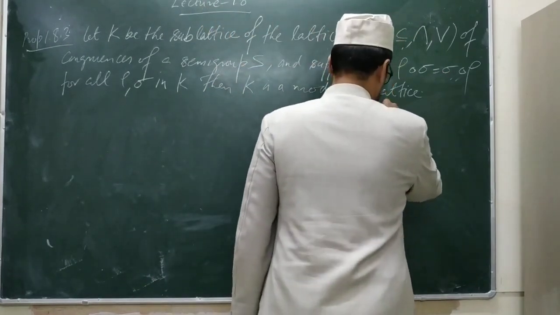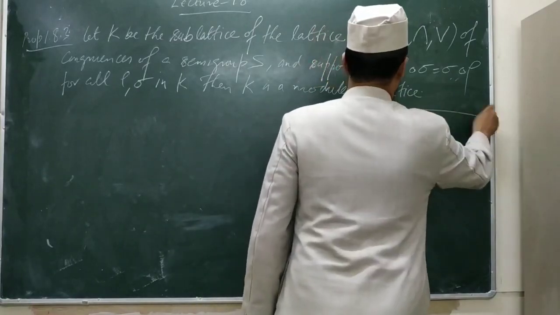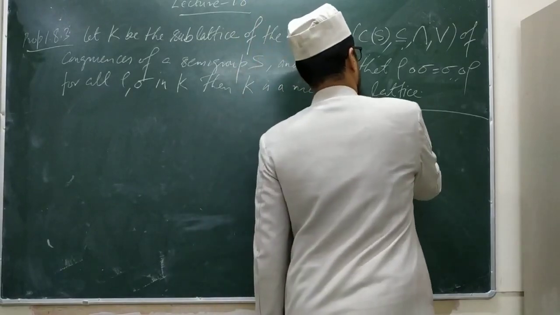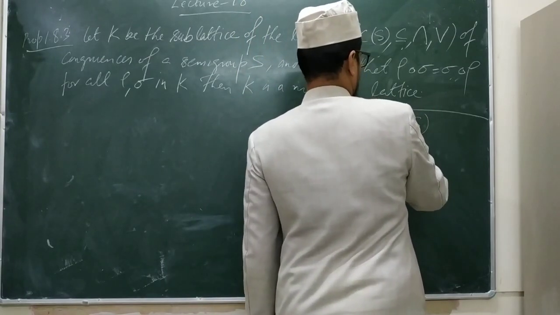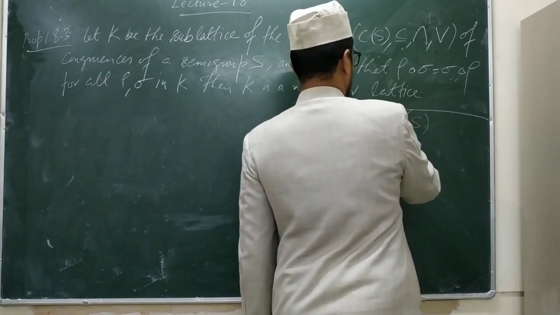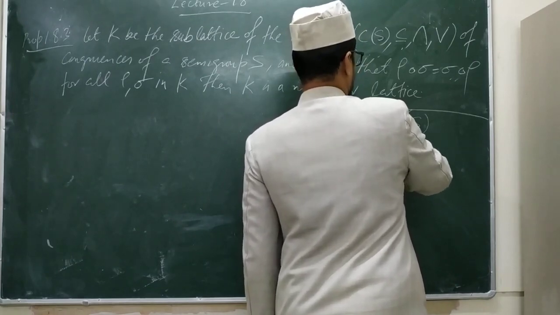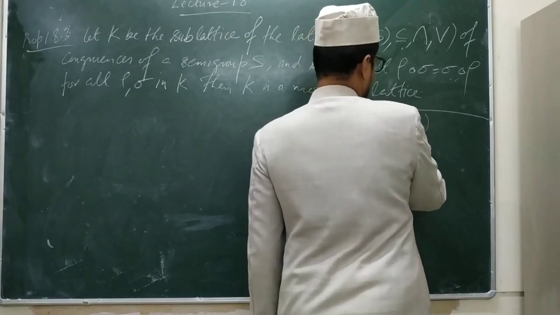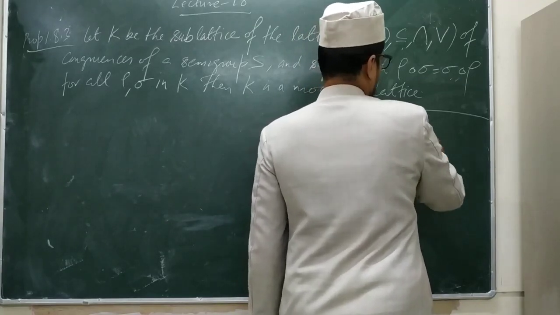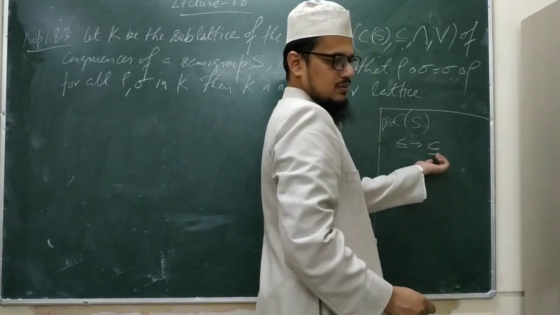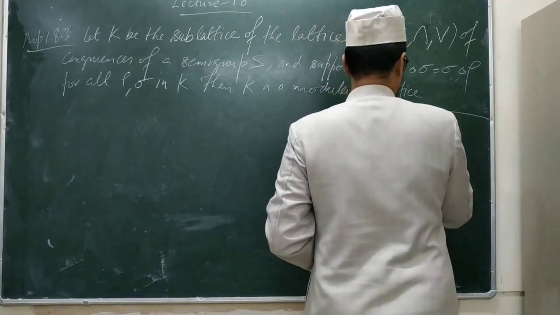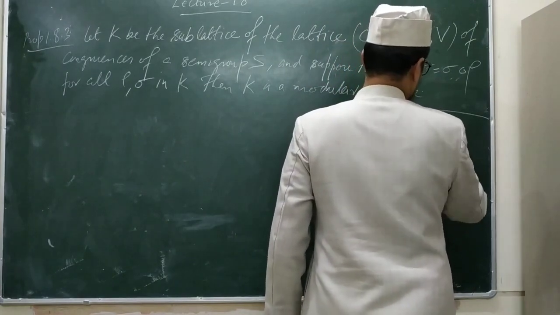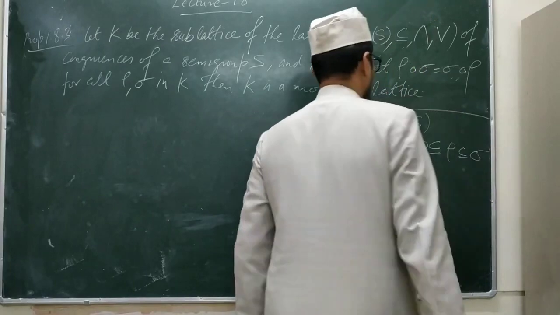When we talk about the lattice of congruences, if you take any two, for example rho, sigma belonging to it, then what is the partial order? The partial order is the subset relation, isn't it? So rho less than or equal to sigma implies rho is contained in sigma, correct?